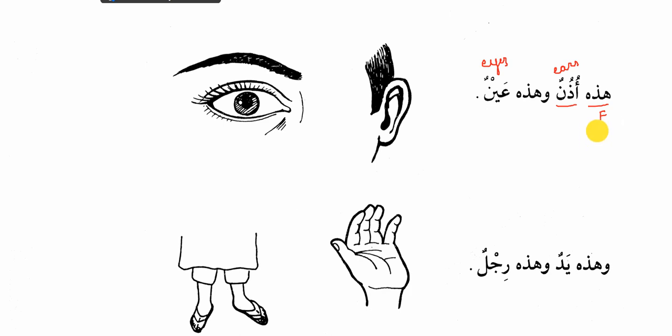So you will write this is ears, and you will translate in English as these. Because one may ask why hadhihi is translated as these in English.